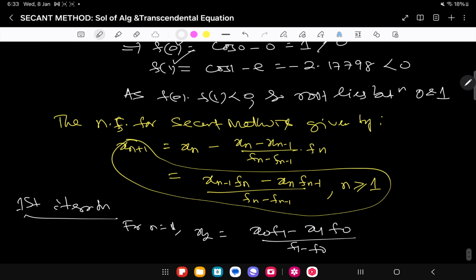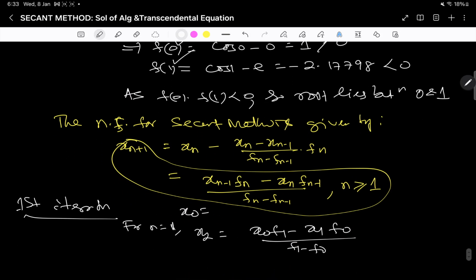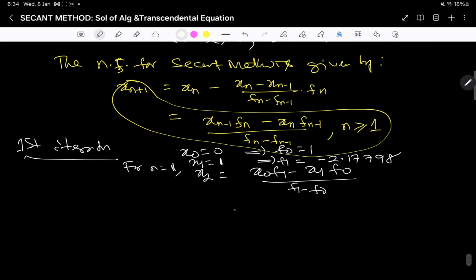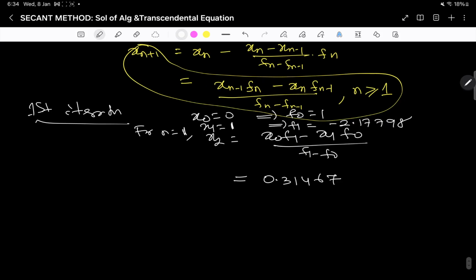What is your x0 here? Your x0 is 0, x1 is 1, f0 is 1, and f1 is minus 2.17798. If you substitute all this, then your x2 will be 0.31467.